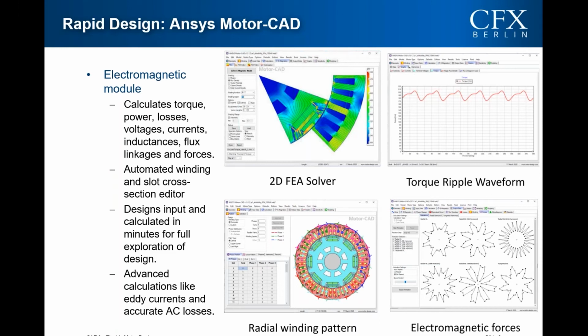The designs can be input and calculated in minutes, allowing lots of iteration and a full exploration of the design space, so you can ensure optimal design decisions. At the same time, MotorCAD offers advanced calculations and modeling depth, like eddy currents in magnets and accurate AC winding losses.